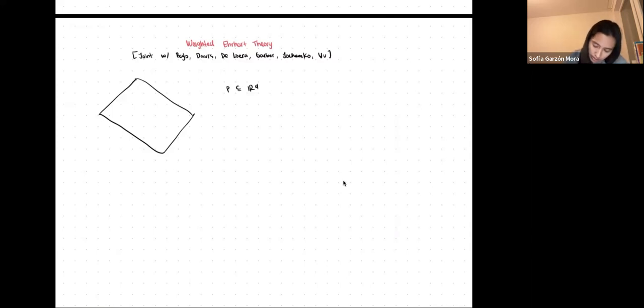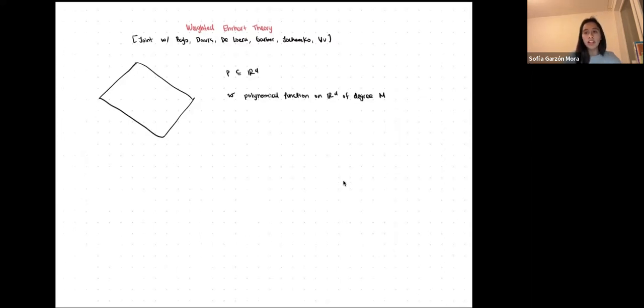And we're going to take w, which is a polynomial function on R^d of, let's say, degree m. So if before we counted lattice points, now we're going to count the evaluation of these weights on the lattice points. And this is why it's called weighted.